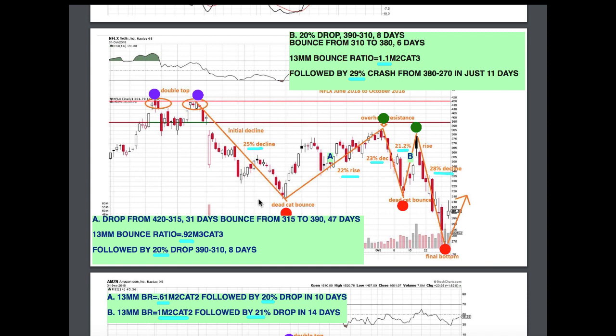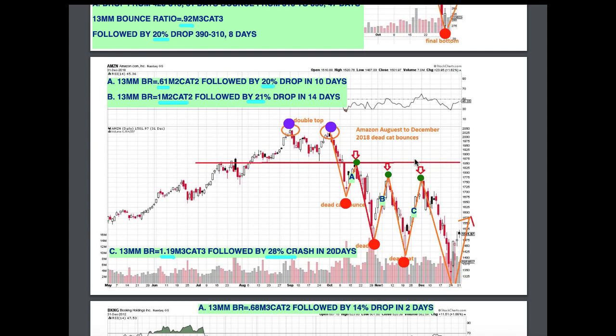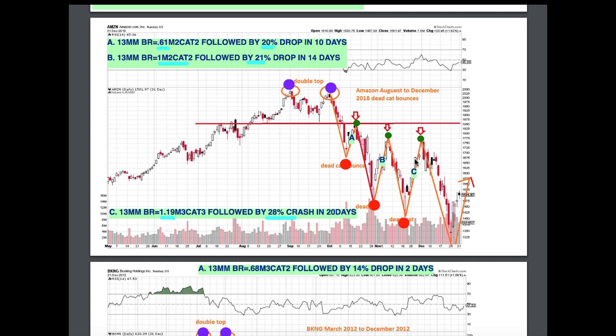So if you compare the move here, we're going from a magnitude 2, now we're transitioning to a magnitude 3 situation. So when you transition into higher numbers from bounce A to bounce B, it tells you that there's further downside present in the market. So you've got to be alert to take action on this next leg lower.